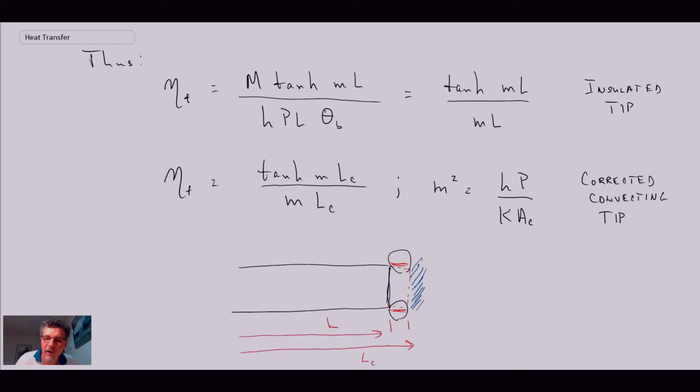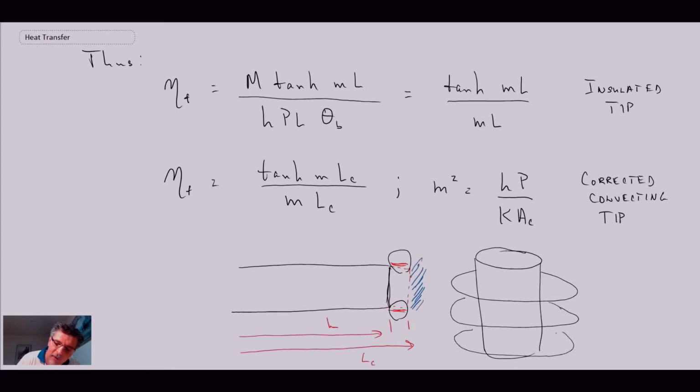And if you have a more complex fin, such as an annular fin, as we saw in the video, that would be a fin that is something like this. It's more complex because if you were to model this, you'll find the cross-sectional area changes as you move further and further out.